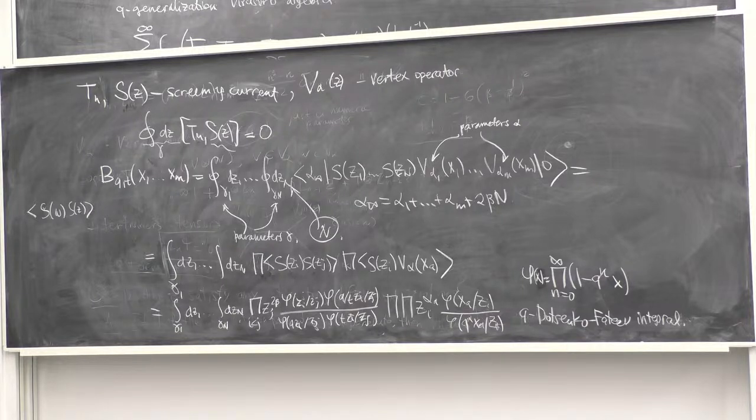So, of course, this is a huge generalization of the well-known Fateev formula for the usual conformal blocks. I'm sure everybody recognizes it. Okay, and now we are in a position to formulate the main results of the paper.